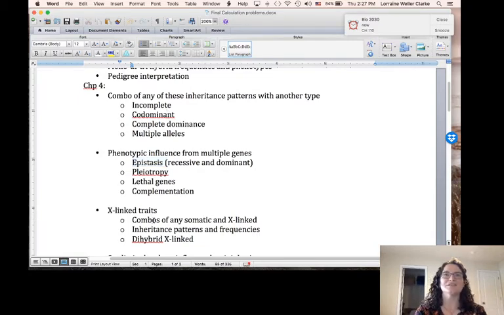I could put multiple alleles with lethal genes, etc. So in chapter 4 we focus on a lot of those combos, the interesting patterns that can occur if you have genes that affect each other, like epistasis, or genes that are paired, where you don't get the 9 to 3 to 3 to 1 patterns because the patterns are different.